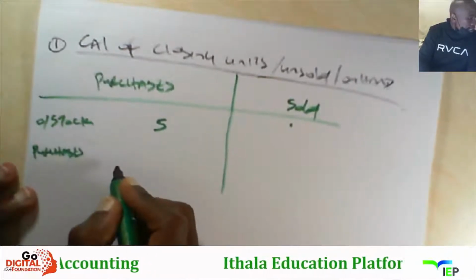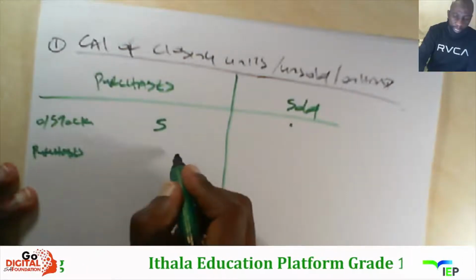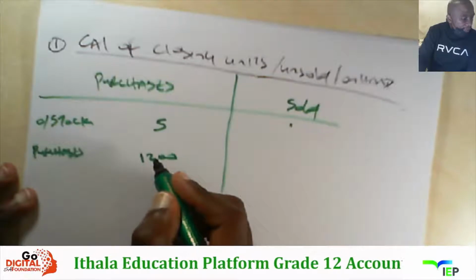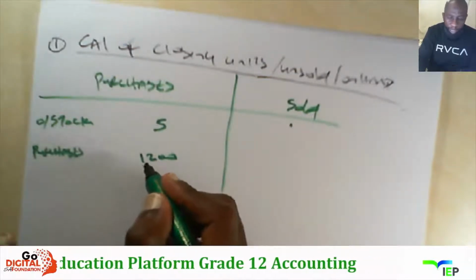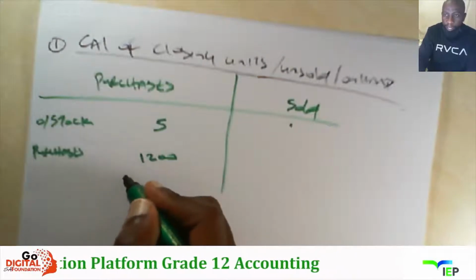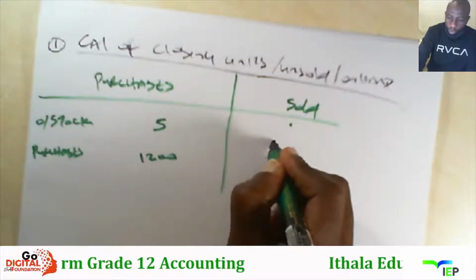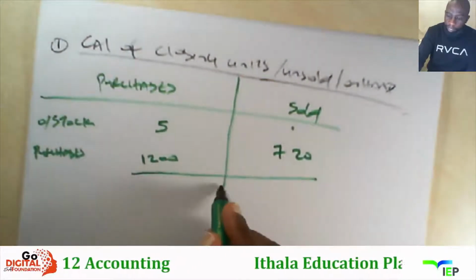We purchased, but we are already given the total there, 1,200. There are no returns, there's nothing. No returns. If there were returns, you must minus; carriage, you must add it back; stolen, you must minus. So we are given the sold. Sold units is 720.